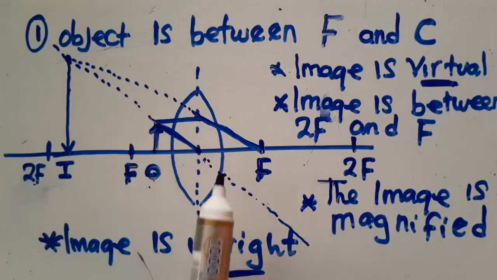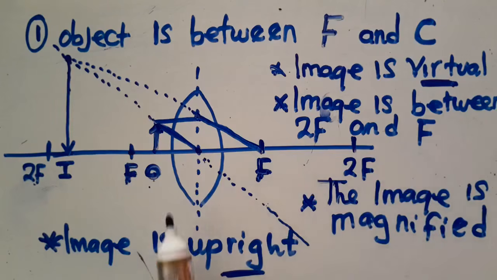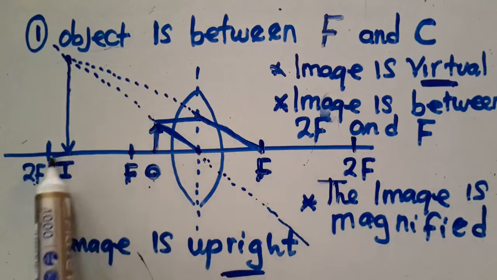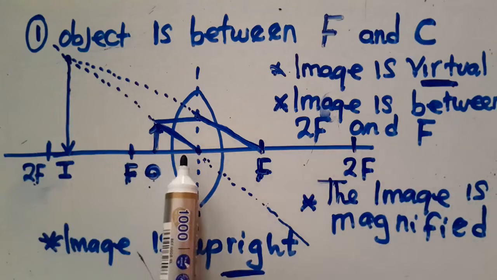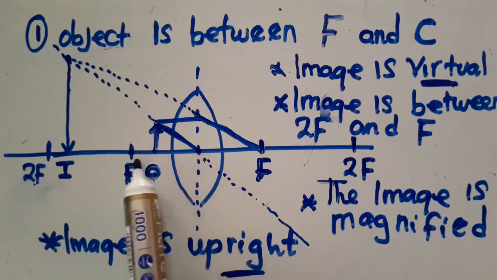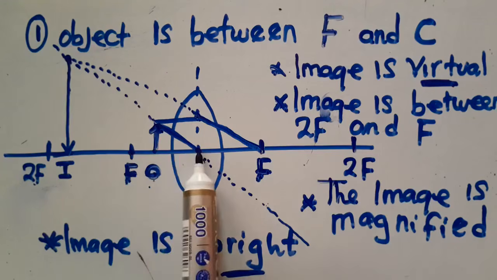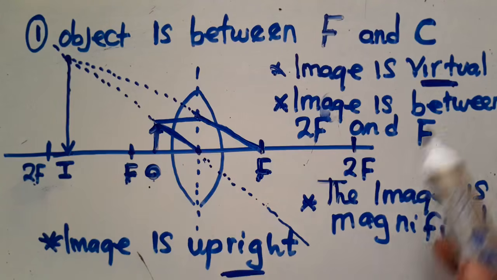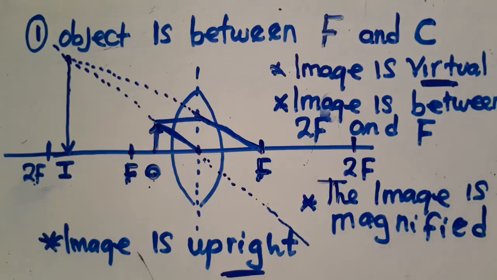So an upright virtual image is formed on the same side as the what? Object. Meaning we are going to have an image that is upright and virtual. This is what you need to know and understand.